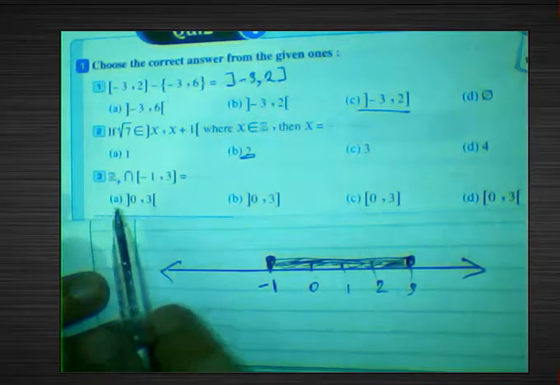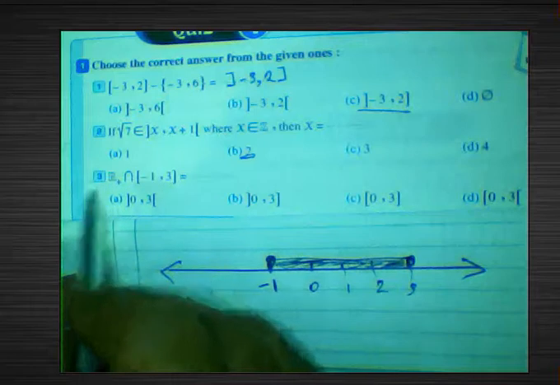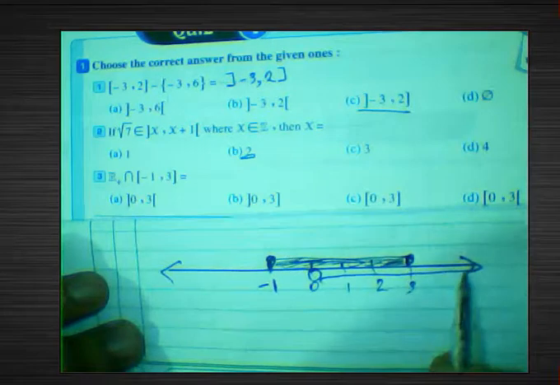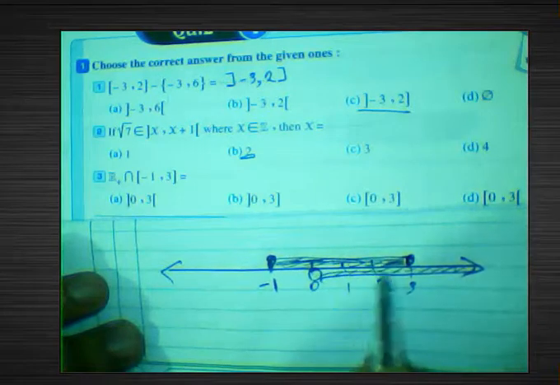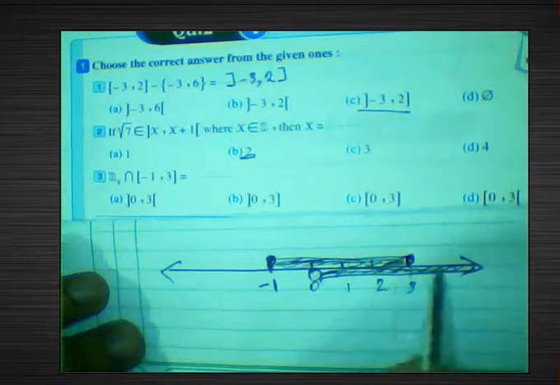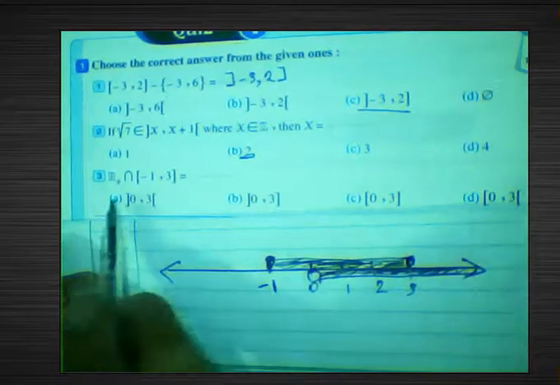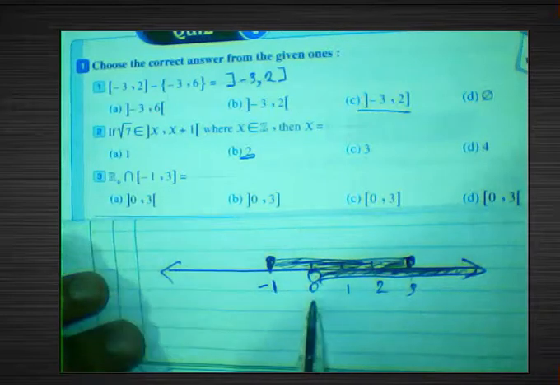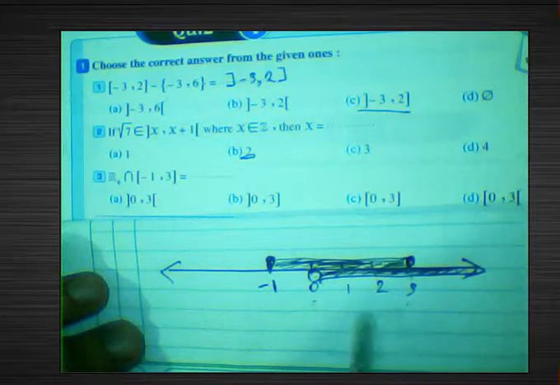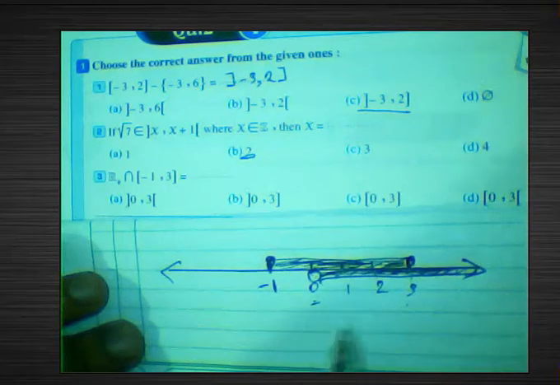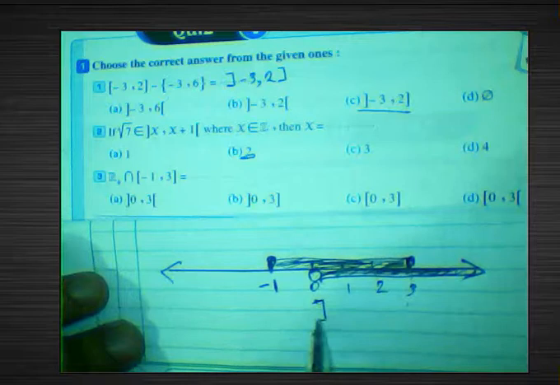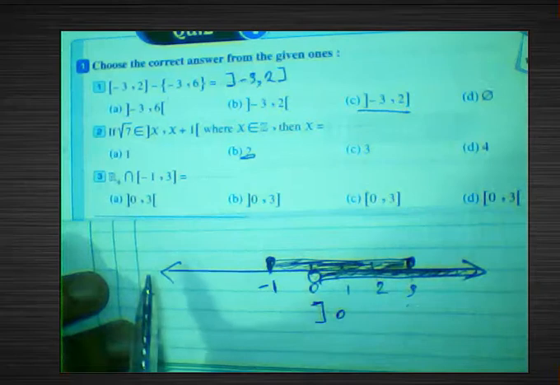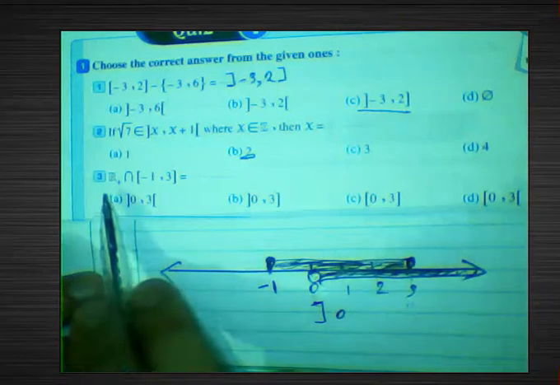Then R positive from 0 open to infinity. The intersection is from 0 to 3. 0 will be open, because 0 does not belong to R positive.